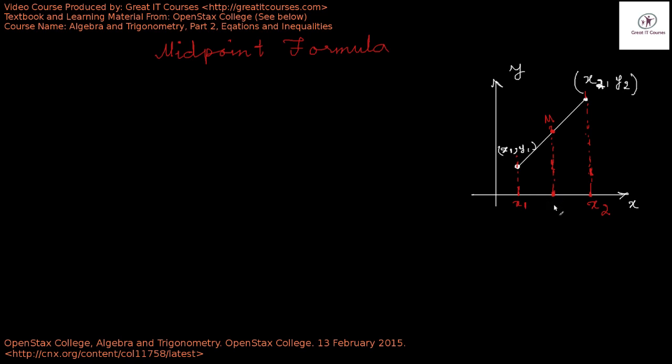Let's call this, for example, x3, to simplify things. So that means that the length from x1 to x3 is equal to the length from x3 to x2. So now I want to figure out what the value of x3 is in terms of x1 and x2.